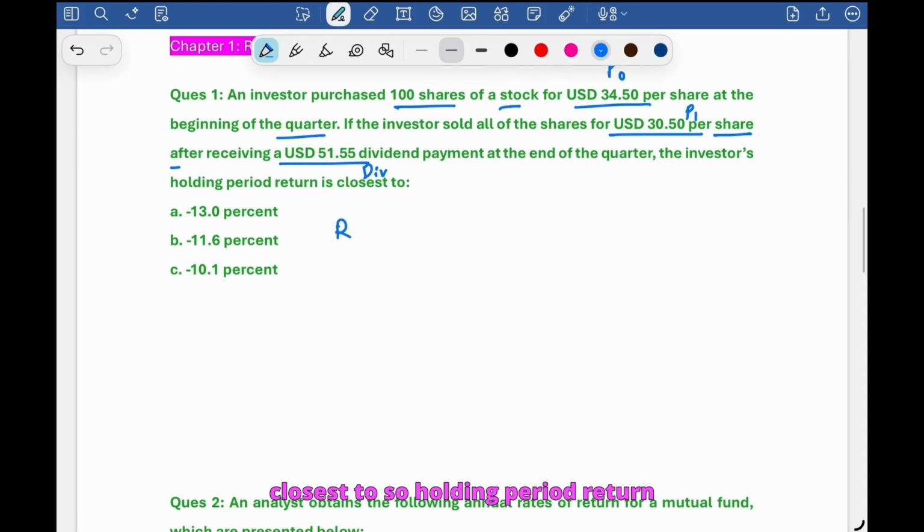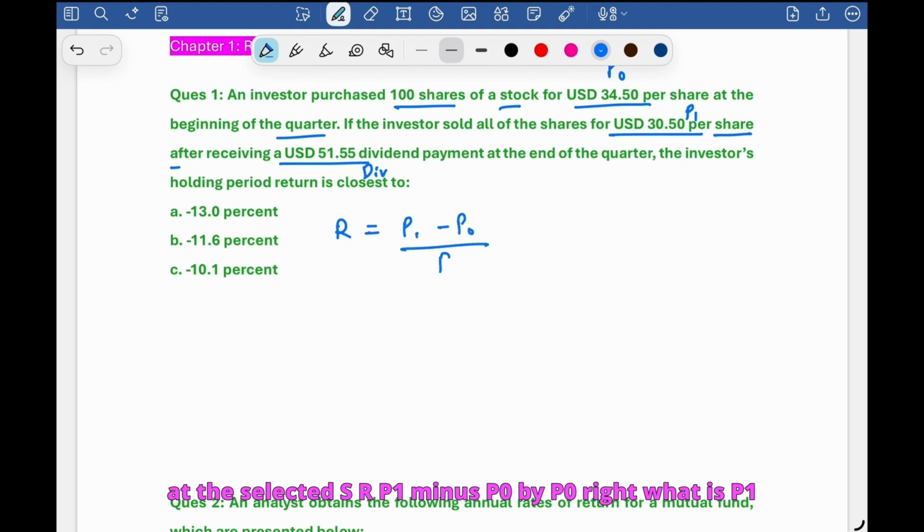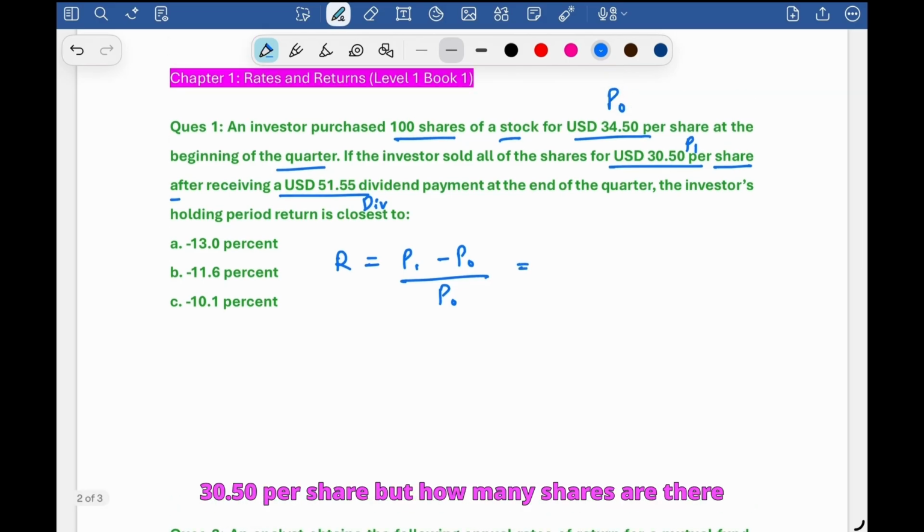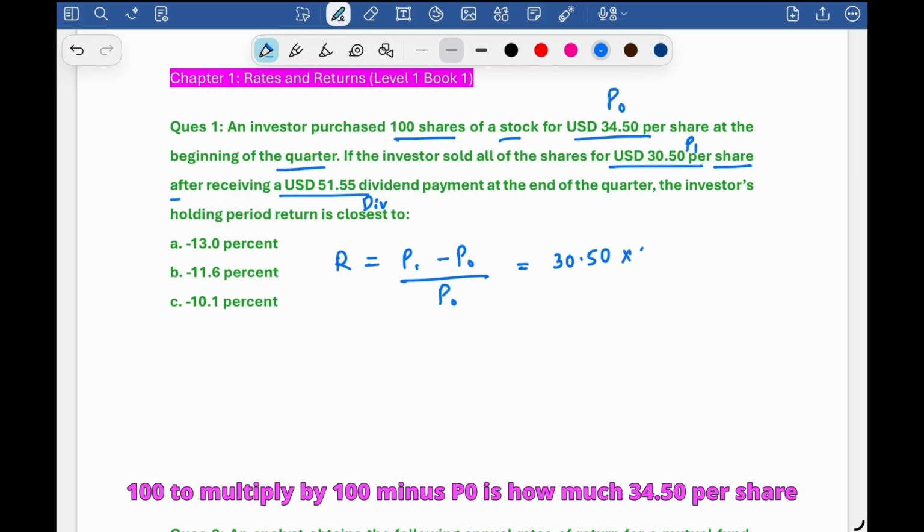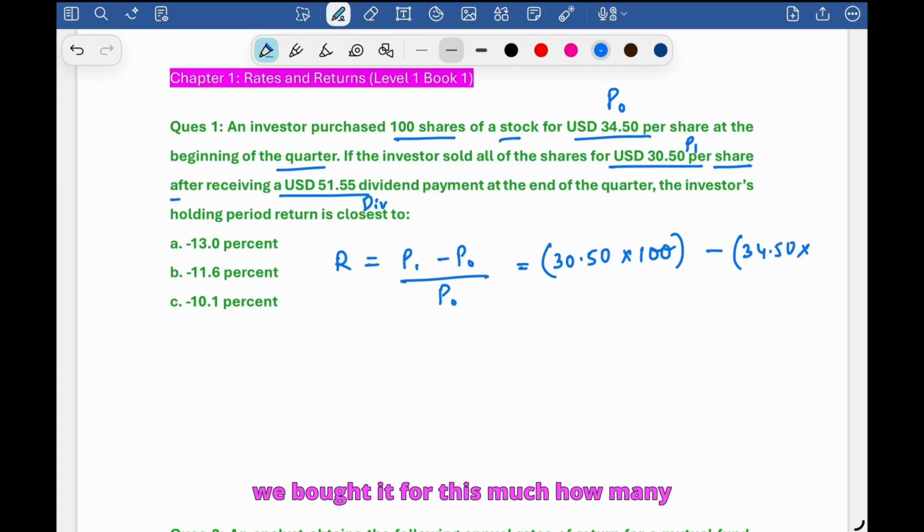So holding period return, I'll just write it as R equals (P1 minus P0) by P0, right? What is P1? 30.50 per share. But how many shares are there? 100. So multiply by 100. Minus P0, how much? 34.50 per share. We bought it for this much.